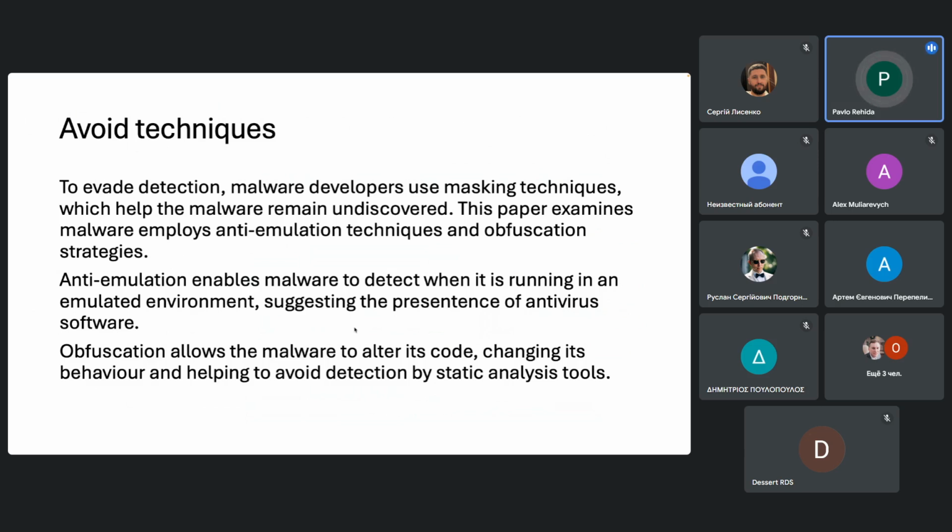Obfuscation allows the malware to alter its code, changing its behavior and helping it avoid detection by static analysis tools. The main purpose of this work is to present an approach for analyzing an infected program's behavior in a modified isolated environment for detecting the presence of malware activity.